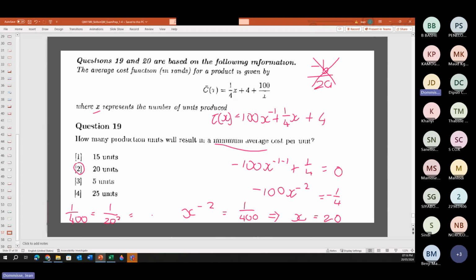And this would have been rewritten as 1 over x to the power of 2. So then we can say 20 is equal to x. Yuck, but this doesn't even make sense to have a formula like this to work it out.